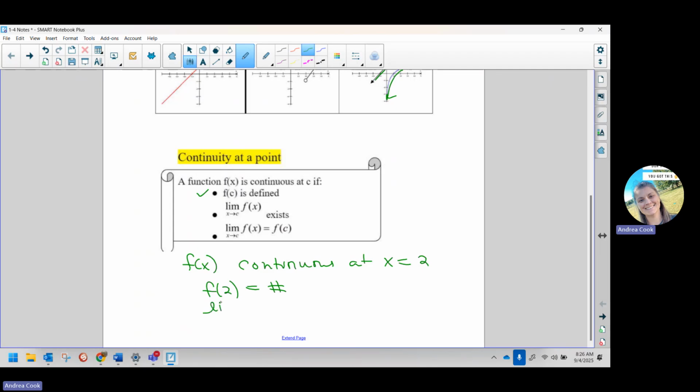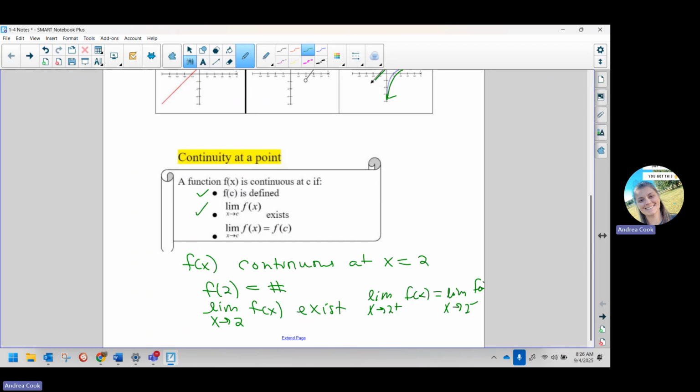You find whether the limit as x approaches 2 of f of x exists. What does that mean? The limit from the right is equal to the limit from the left. That is the second thing.